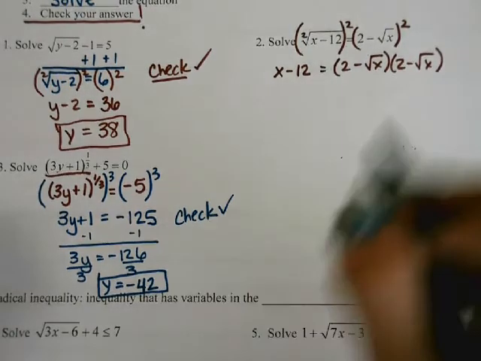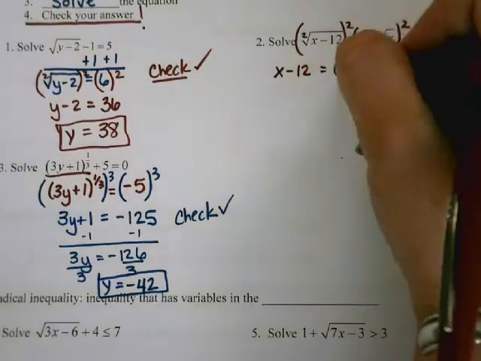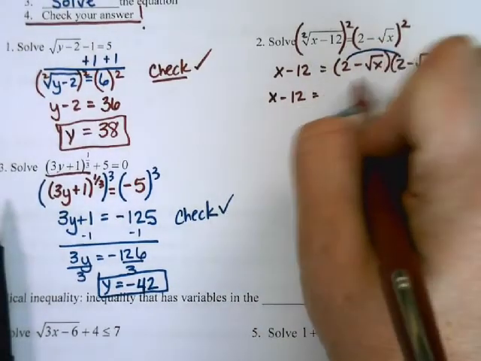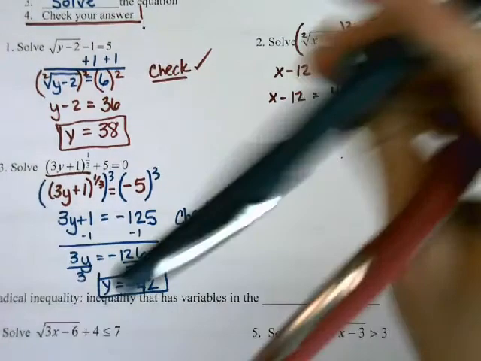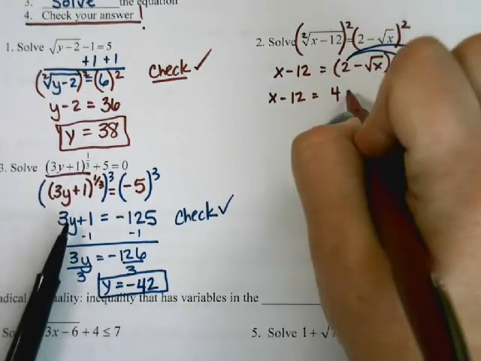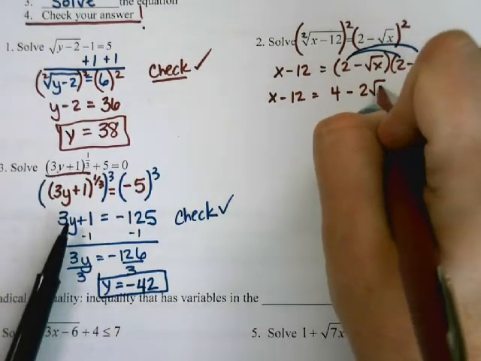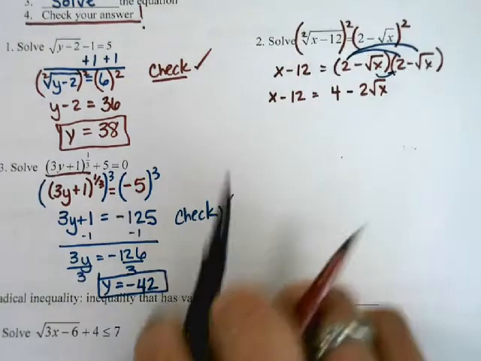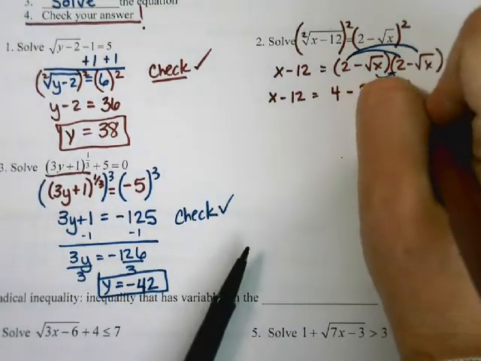Okay, so here we go. First ones. Four. 2 times the negative square root of x is negative 2 root x. Negative x root x times 2 is another negative 2 root x.